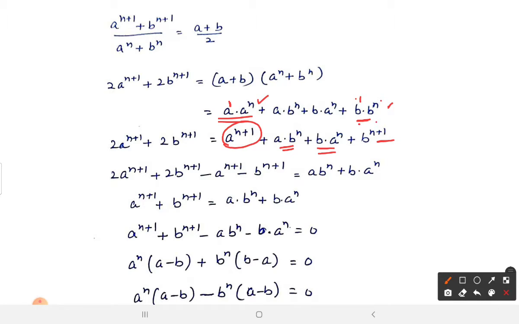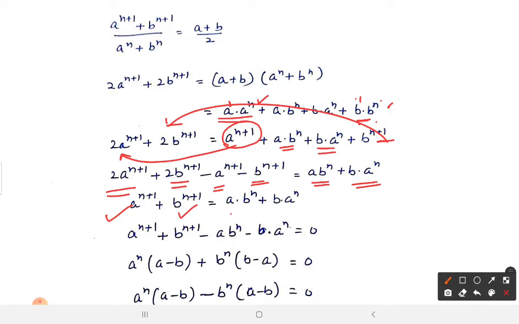So combine this with this and this with this. So it is 2a^(n+1) plus 2b^(n+1) minus a^(n+1) minus b^(n+1) is equal to ab^n plus ba^n. So what we have is a^(n+1) plus b^(n+1) is equal to ab^n plus ba^n.